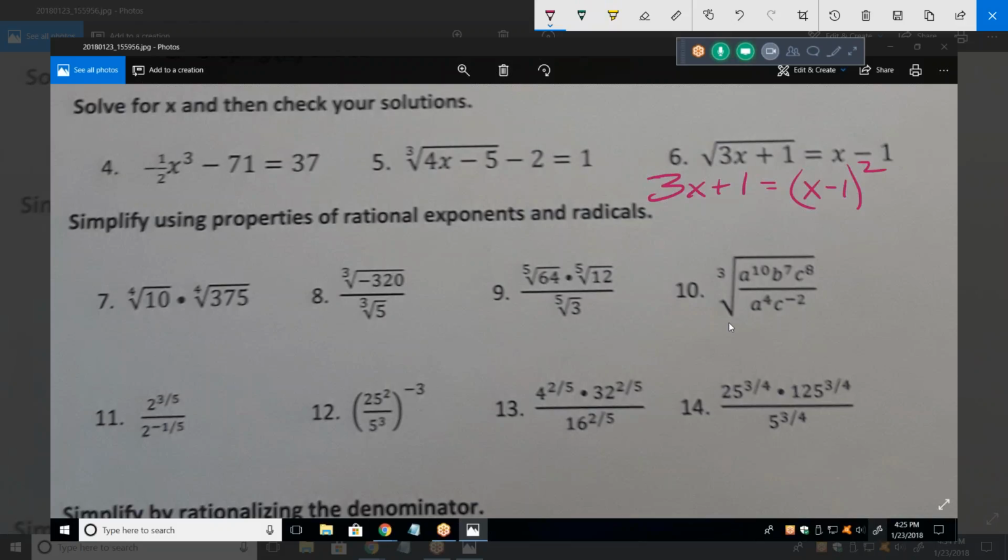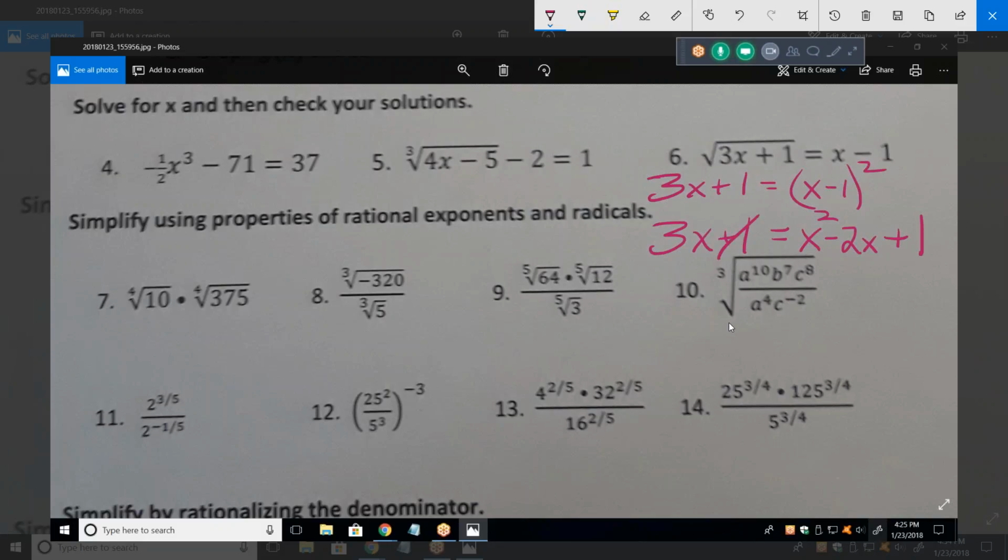In order to get rid of those parentheses, I got to actually do it, square that. So what's the next line? 3x plus 1 equals x squared minus 2x plus 1. Good. Now the next line. Well, first of all, immediately, what can I do? Subtract 1.